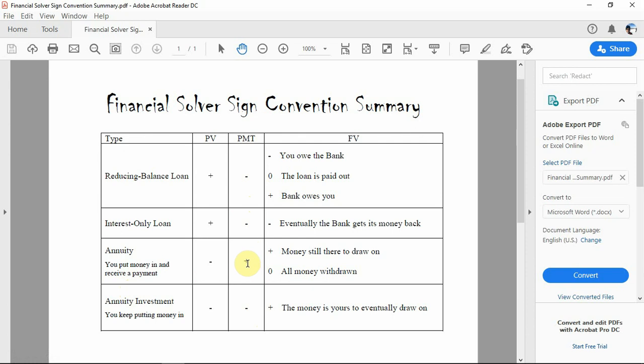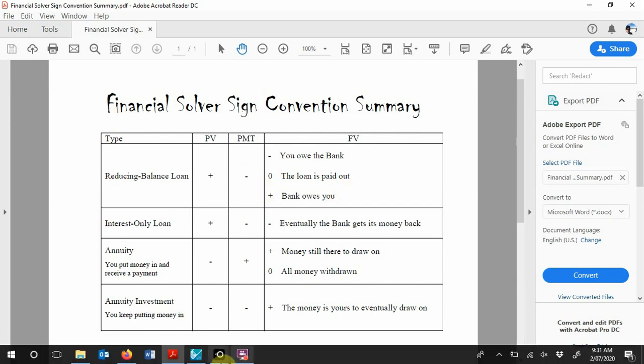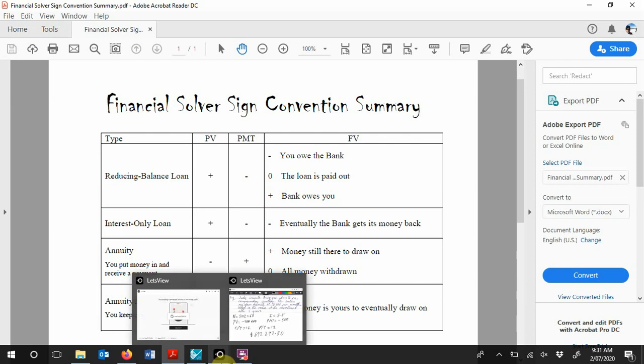Whenever you're getting money, it's positive. And then your future value depends on whether the money is money that you owe or that you're owed. You can download that on the website Physics with Sino in the further maths area.